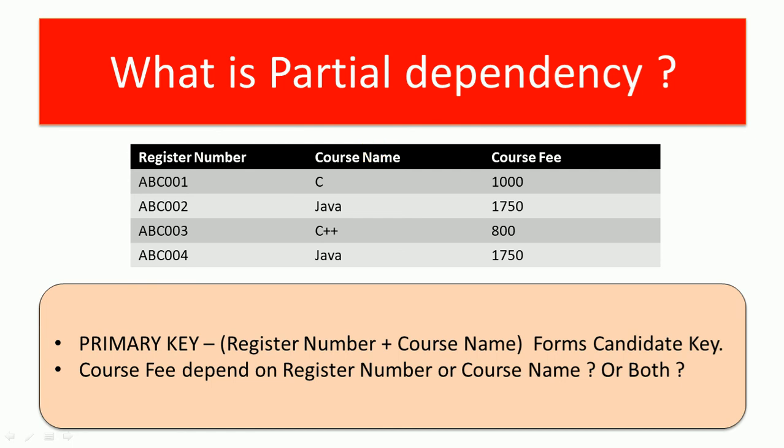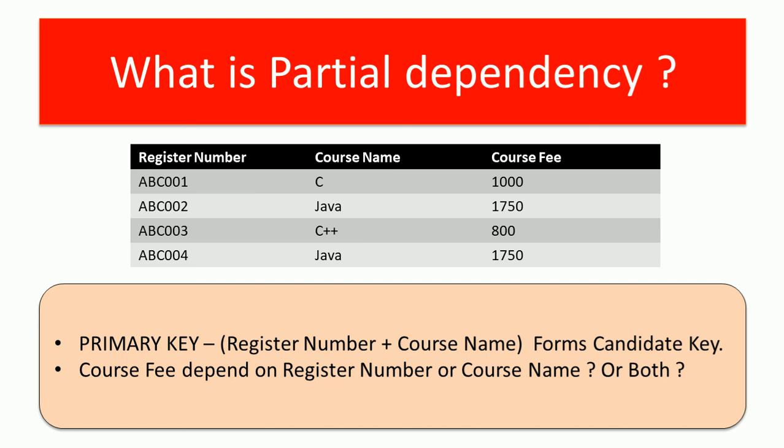Here is the issue. Course fee is definitely not dependent on register number, because it is completely dependent on course name alone. So we have a primary key of two columns, but the course fee, that is the non-primary key column, depends on a part of the primary key. So that is partial dependency.